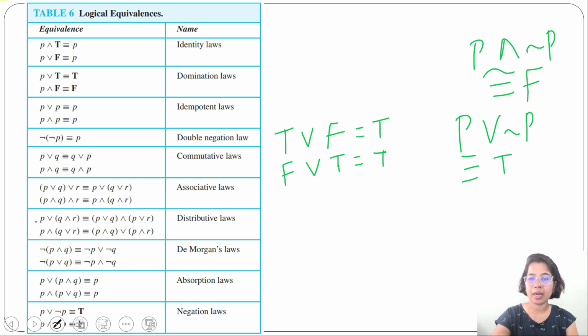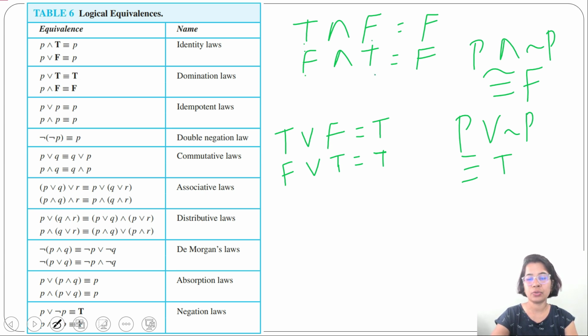And in case of and, if P is true, then its negation will be false. So true and false, it's false. If P is false, then its negation will be true. So in case of and, in any way, if P is true, then its negation is false. If P is false, its negation is true. We are getting one false.